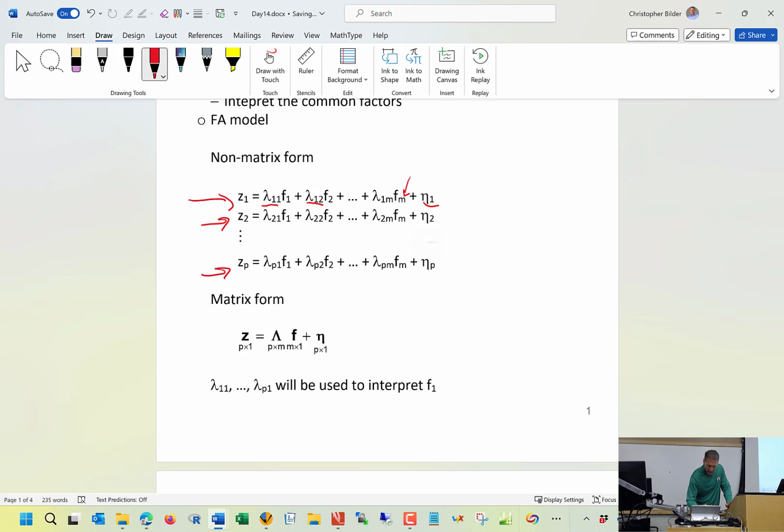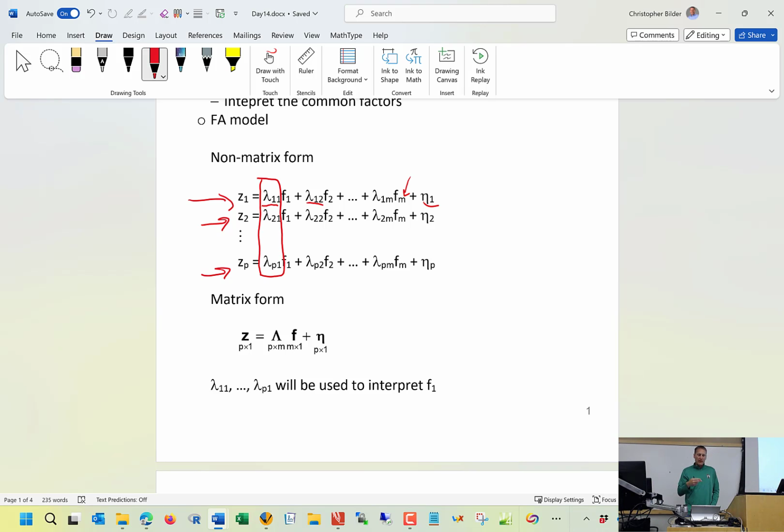Now, continuing to talk about this interpretation idea. Since we actually have p different equations, notice how F1 is in each of those p different equations. That's why it's called a common factor, because it's common to all the original variables. To interpret this F1, all we need to do is take a look at those corresponding lambdas.